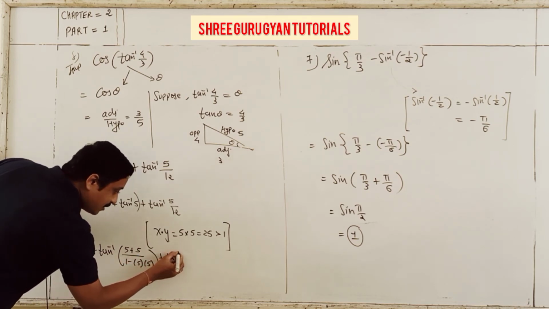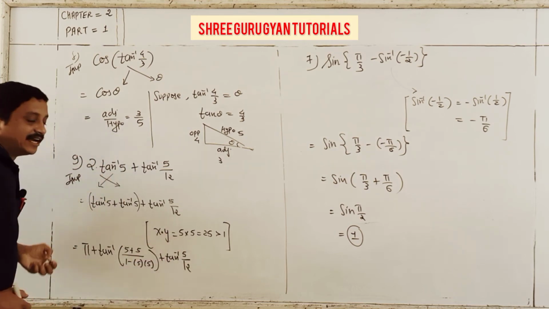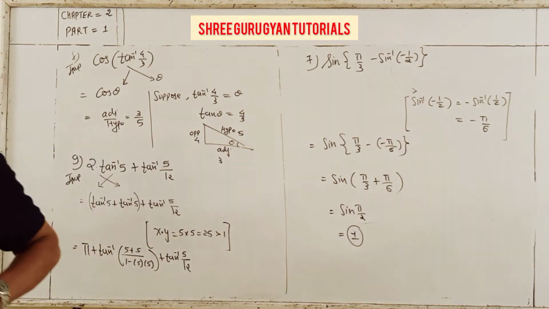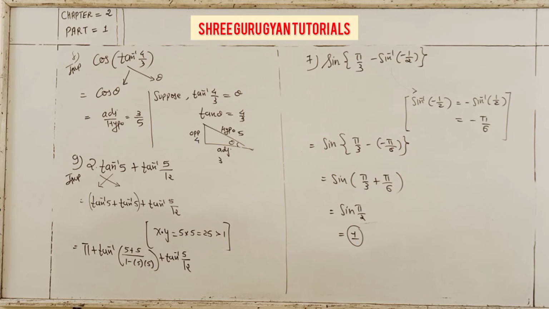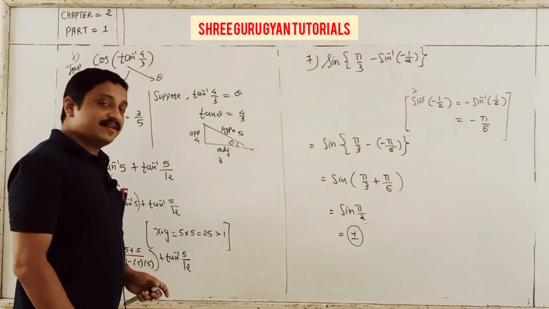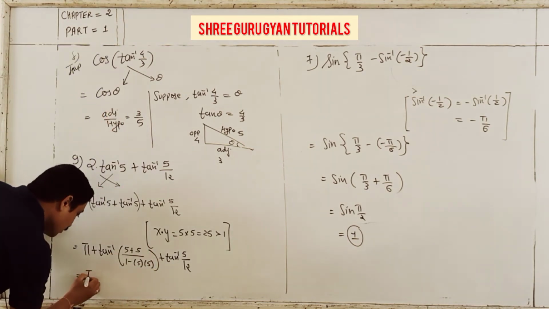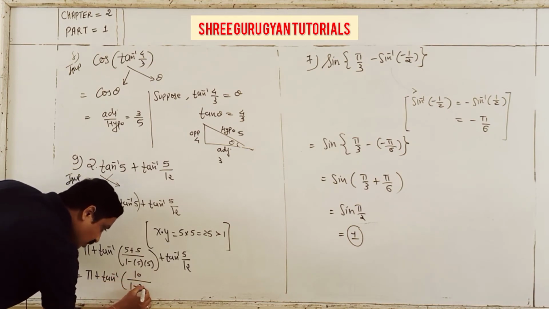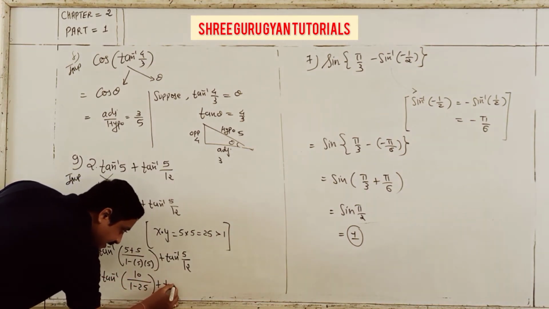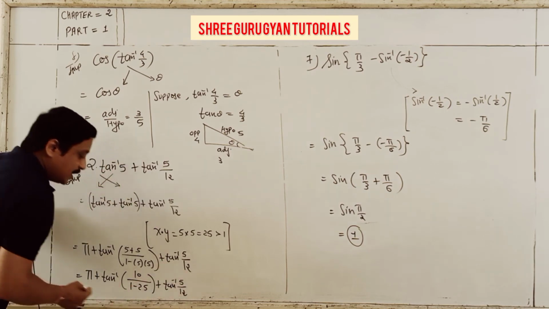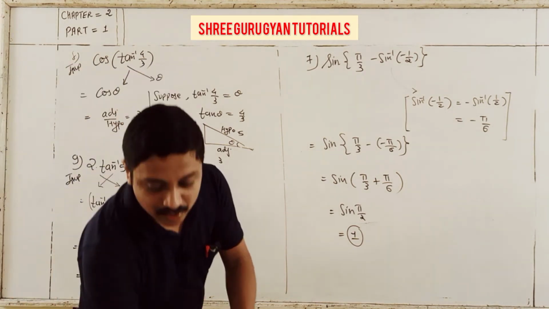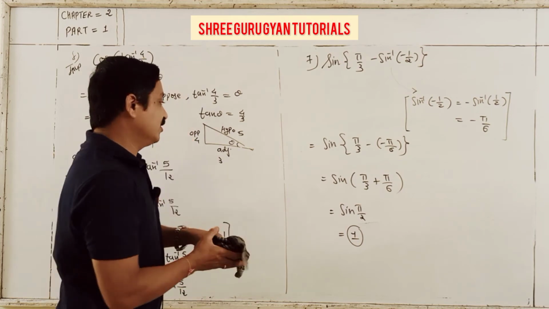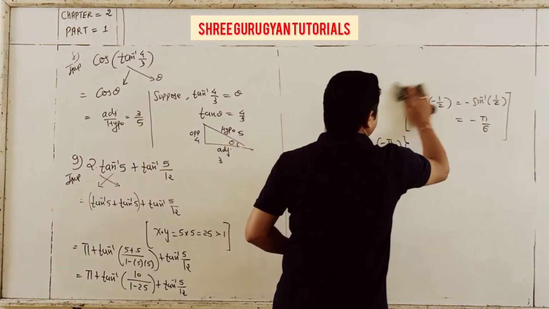Now I simplify and we get the answer in an easy way. 5 plus 5 is 10, and 1 minus 25.